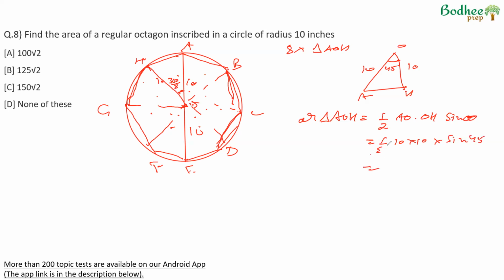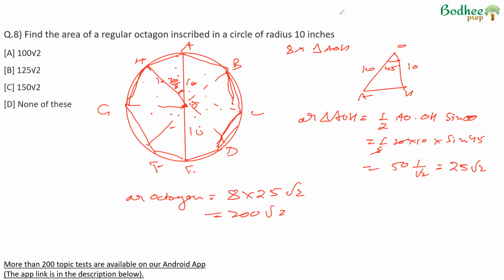Sine 45 is 1 by root 2 and therefore 25 root 2. This is the area of one triangle. Therefore, the area of the octagon will be 8 times 25 root 2, which will come out to 200 root 2 inches square. Therefore, answer becomes none of these, option D.